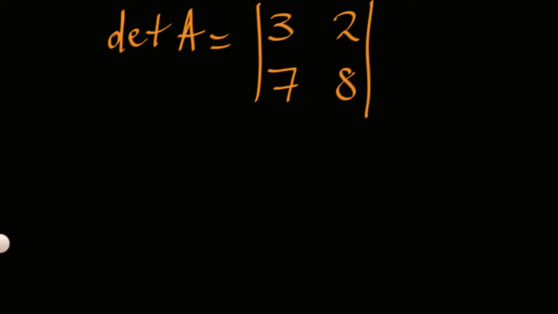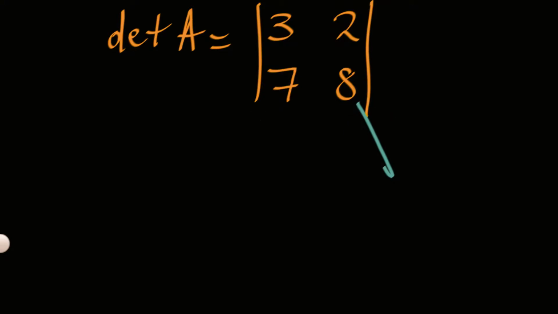So the elements are 3, 2, 7, and 8. The first column has 3 and 7. The second column has 2 and 8. The major diagonal is 3 and 8, and this is our minor diagonal. Please don't confuse the major and the minor diagonal.